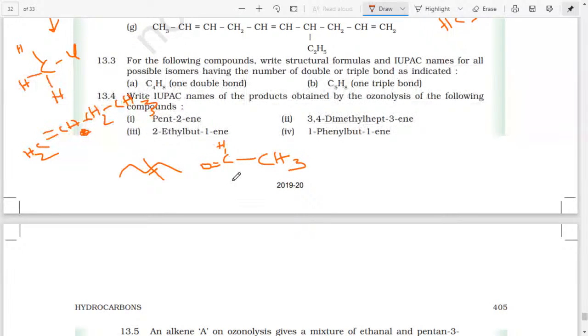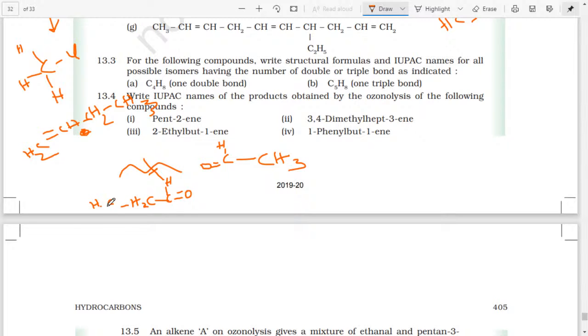You are going to get acetaldehyde, and on this side 1, 2, 3, 3 carbons, propanaldehyde. In propanaldehyde you are going to get CH2 and CH3.